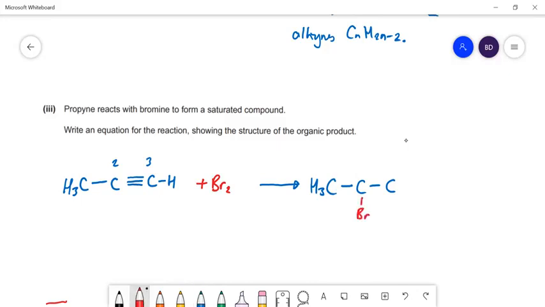So it's still got 4 bonds. And for carbon number 3, again, you're going to have 2 bromines on there. So it's got the right number of bonds, 4, and you've got a hydrogen there. Okay, so how many bromines do we need to balance that? We're going to need 4 bromine atoms, so that's 2 bromine molecules. There is our equation. And that is the last question on the paper.